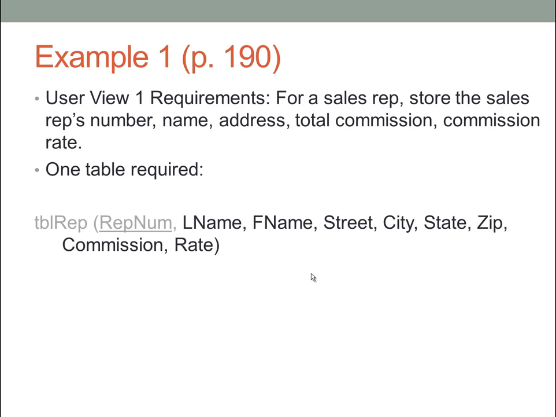So there's my collection of tables that are needed to meet this user requirement. Then I would make sure the tables are normalized. Again, make sure that all keys are identified. There may be an alternate key or a secondary key that I need to identify. I don't have any in this case. And then I would merge it into the overall design.